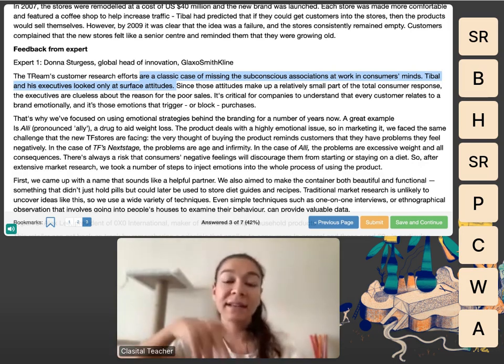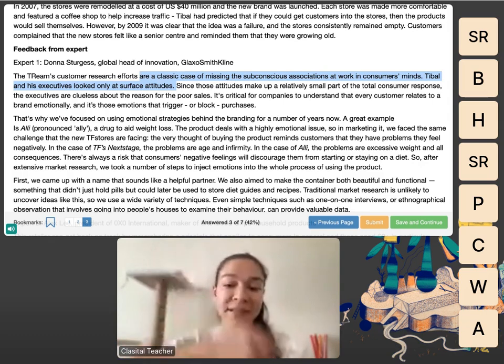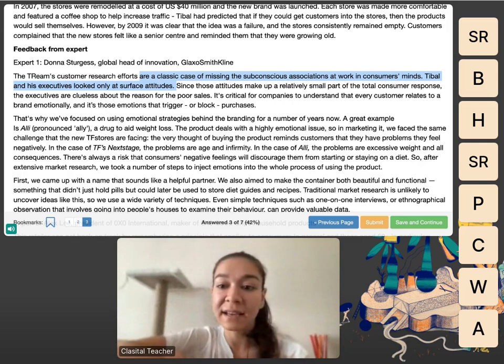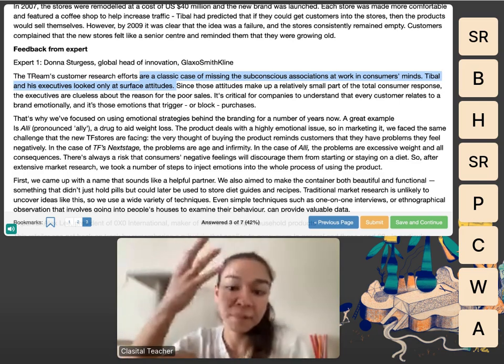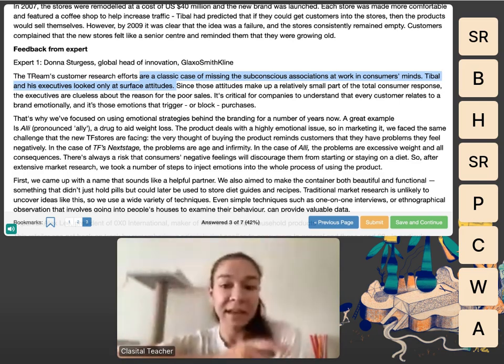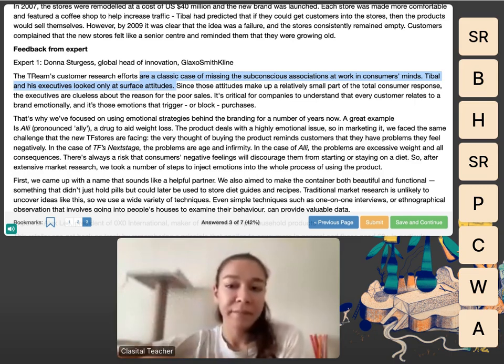I can't say "limited their research to the attitudes that occur at subconscious level," because subconscious means a different thing and it doesn't fit here.